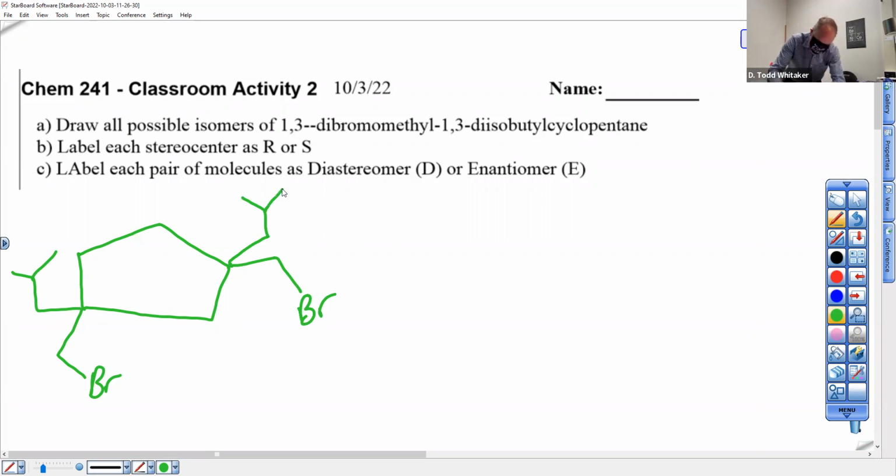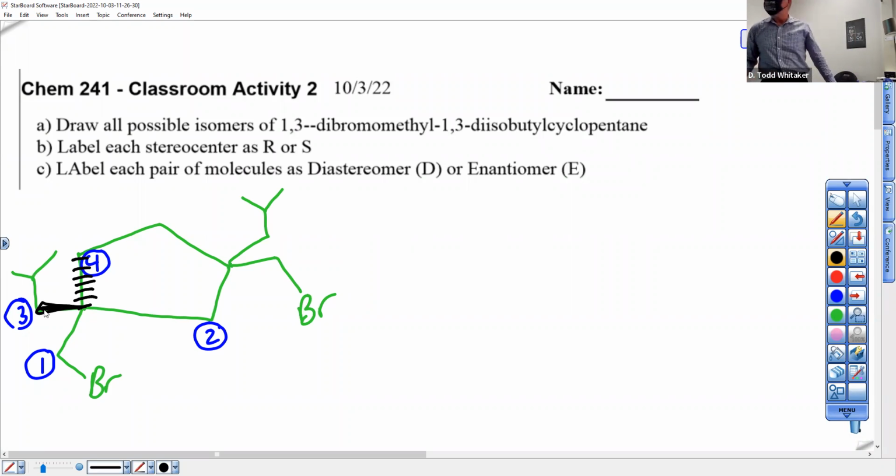And if you do the 1, 2, 3, 4 thing, 1, interesting, 2, 3, 4. And I'm going to connect the 4 on a dash. This one I wasn't forced to draw a particular isomer, was I? So you notice I made an executive decision to put the 4 on a dash.